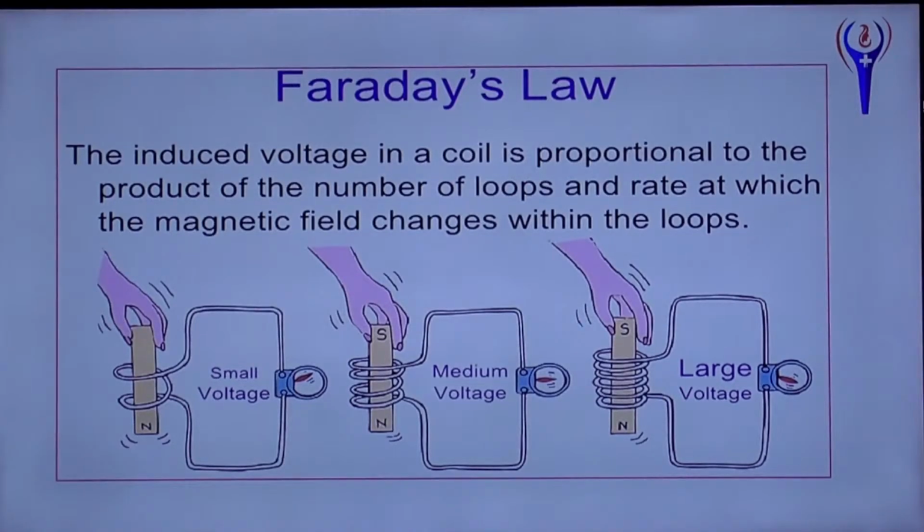So E equals d phi by dt, as we said, and this phi depends upon n, the number of turns of the coil. If the number of turns is more, then the induced EMF is also more. See, with 2 turns only, a very small voltage. With 4 or 5 turns, a medium voltage. With a large number of turns, a large voltage is produced.